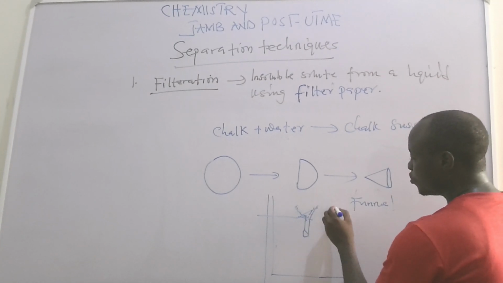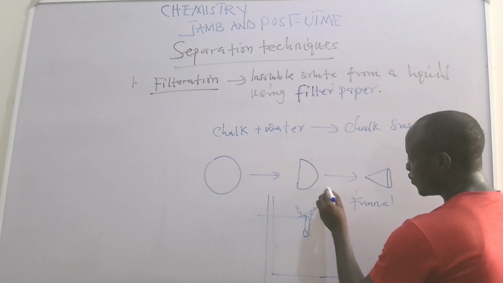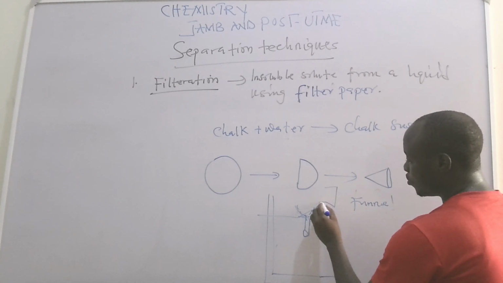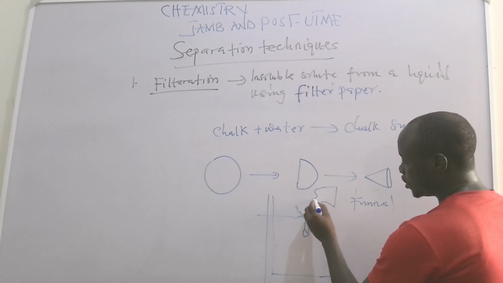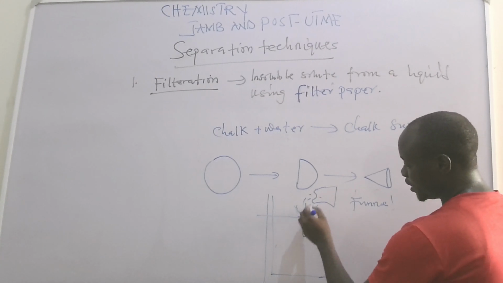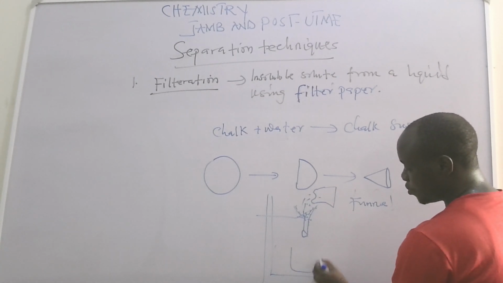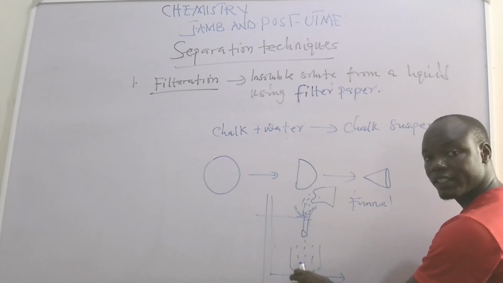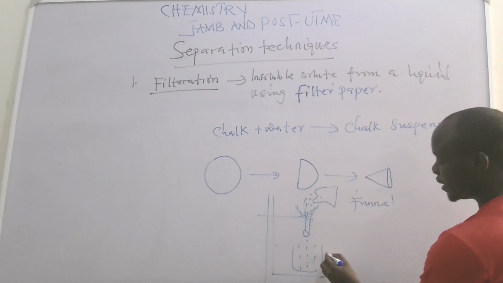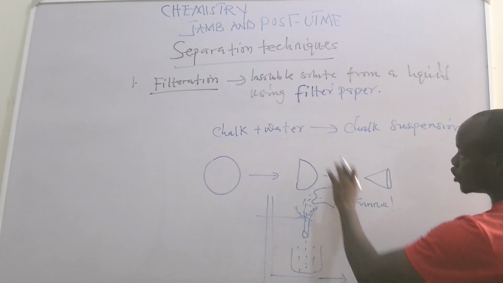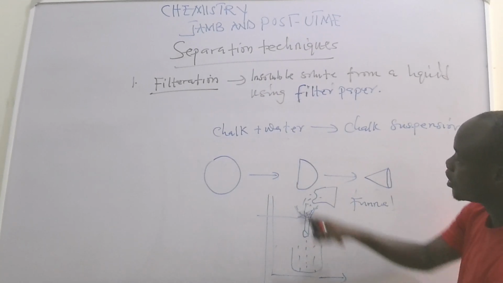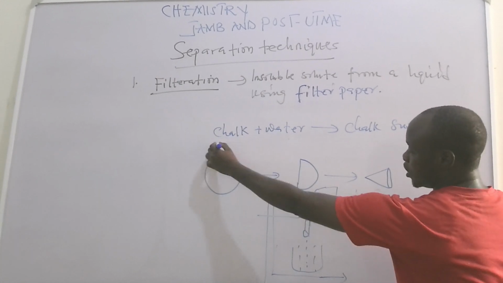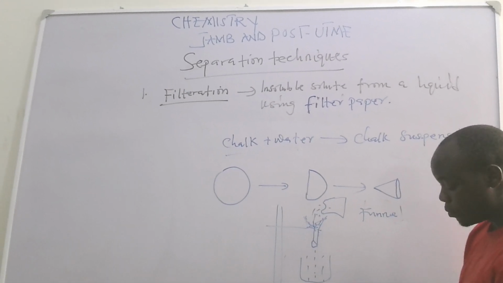And then you pour your suspension. Of course, here you have another container. So the liquid will pass through, while the insoluble solid, which is the chalk, will remain on the filter paper.